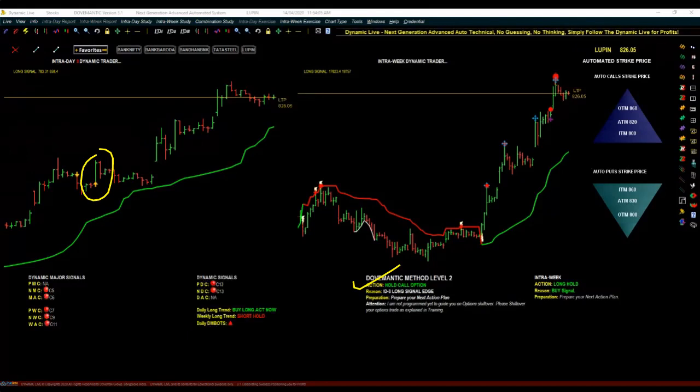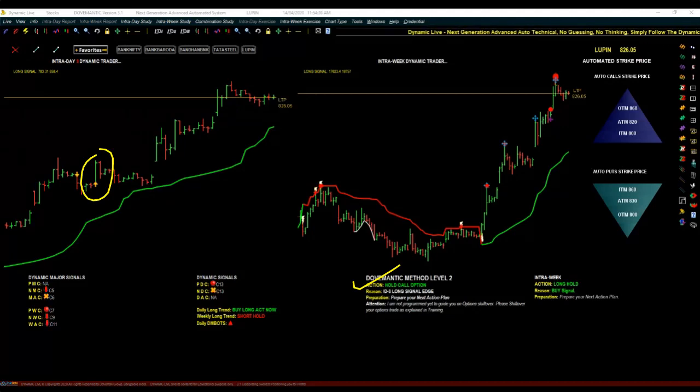Lupin's lot size is 700. 700 is the minimum quantity that you are supposed to trade in Lupin, right? So we are talking about literally 95 points gain, and 700 is the lot size. We are talking about almost 66,000 rupees profit in this one single trade.